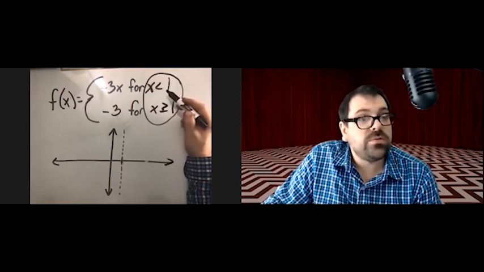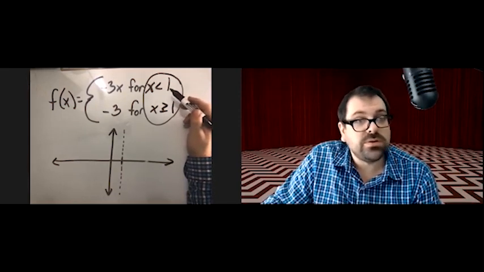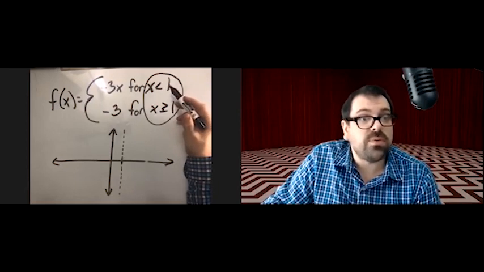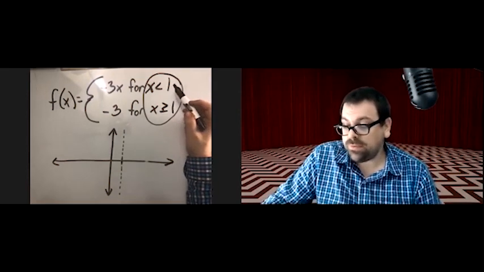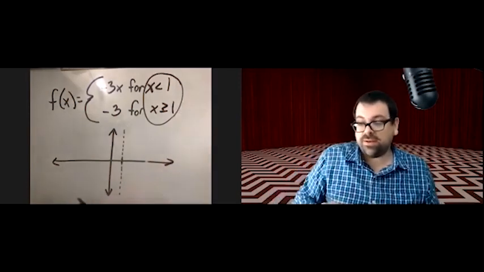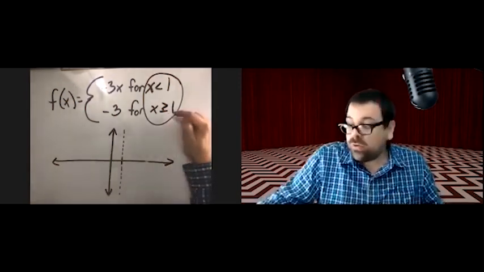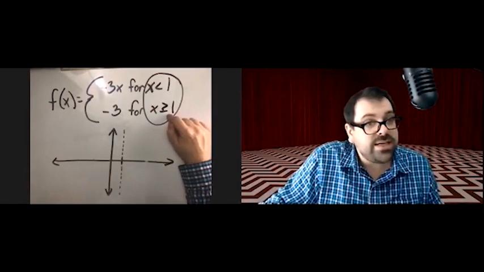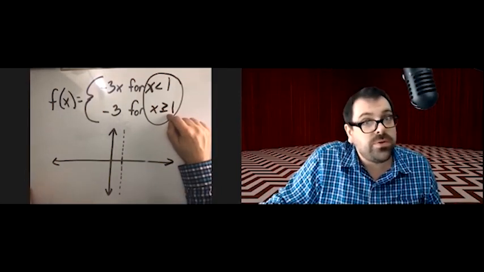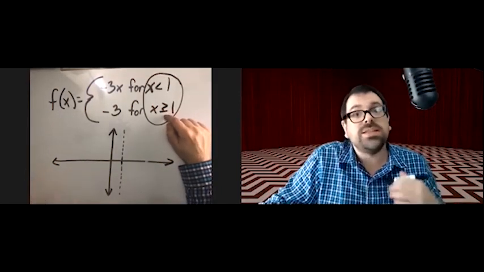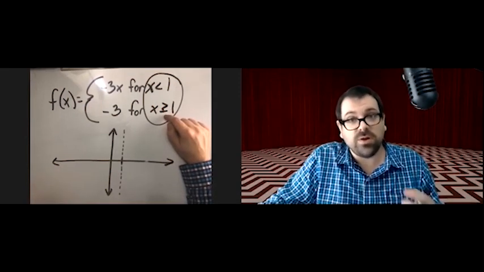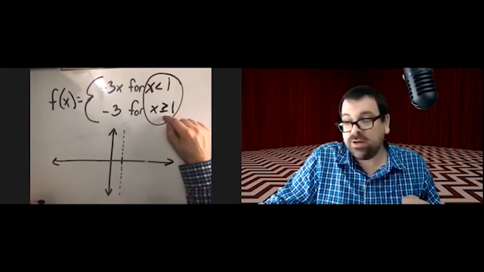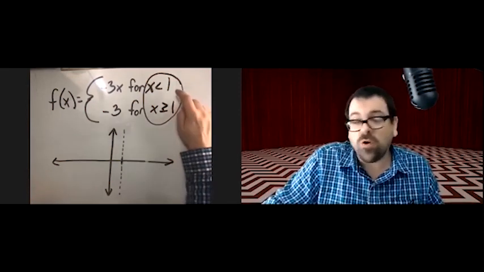To figure out where we're going to put our open circle and our filled in point, we're going to plug the x value in. Yes, I know this is the one that says equal, but we're still going to do both. The one that says equal is going to be the filled in one. That is where the graph will exist there. But we still need to know where the open circle is.